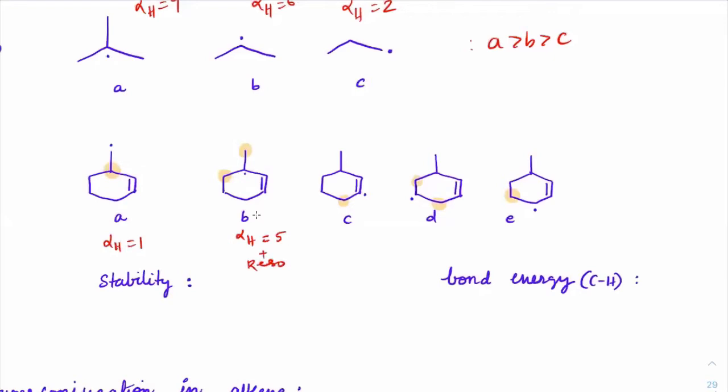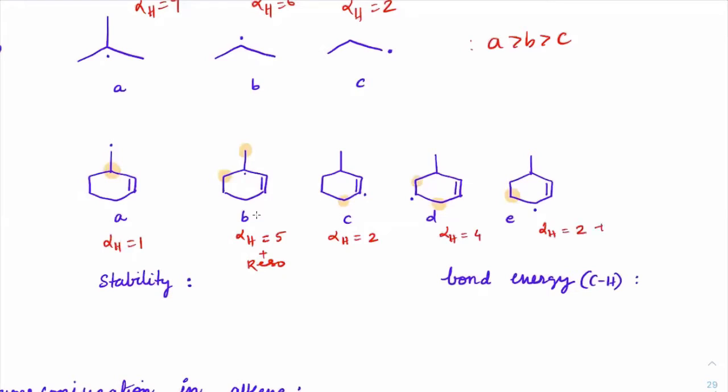Okay, everybody. Next, the C case: alpha hydrogens, how many? 2 of them. Here, how many do we see? 4 of them. Here, 2 alpha hydrogens.